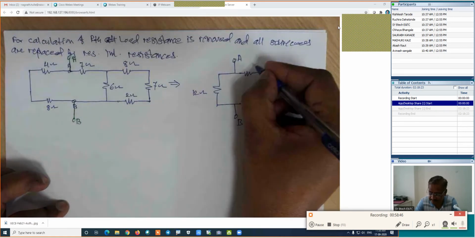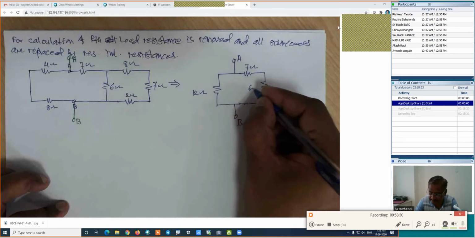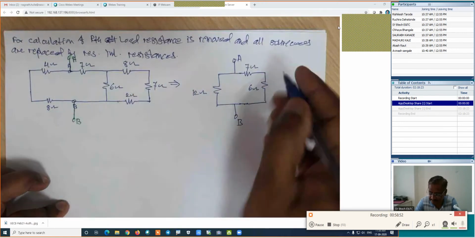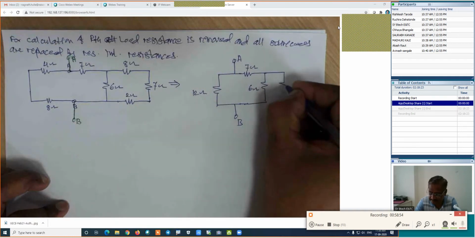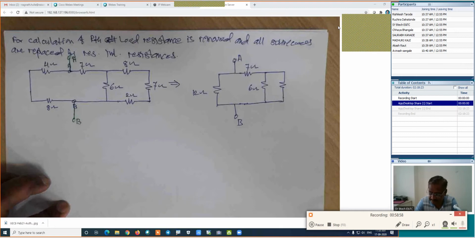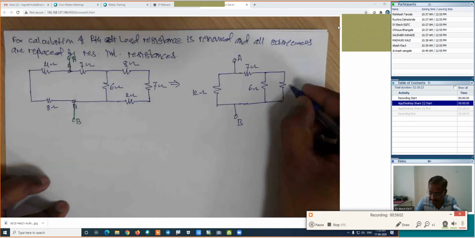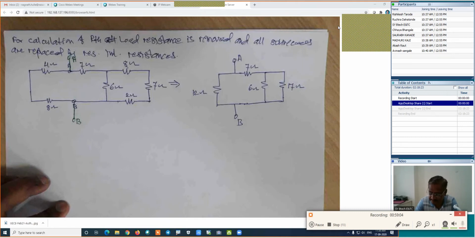Now these three are in series and replaced by a single resistance: 8 plus 2 is 10, 10 plus 6, 7 is 17. This is 17 ohm.